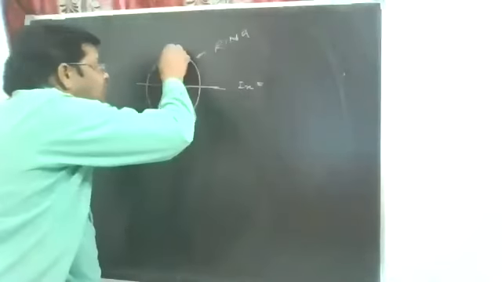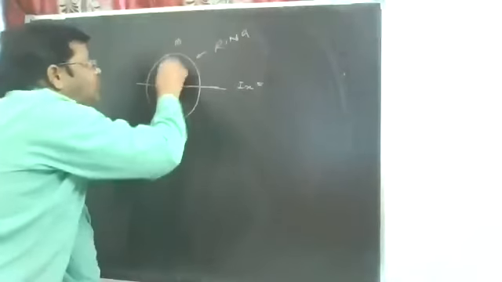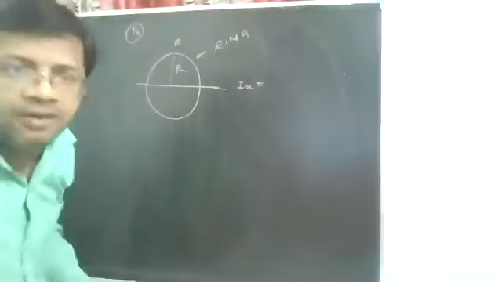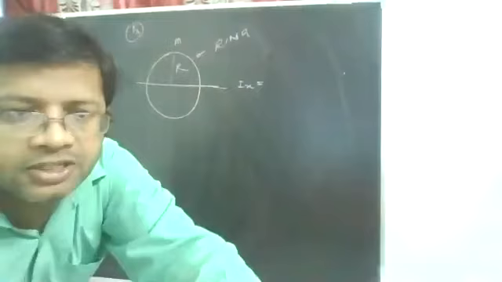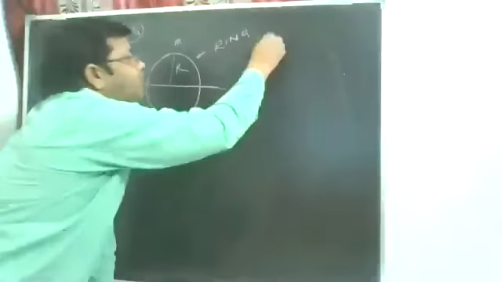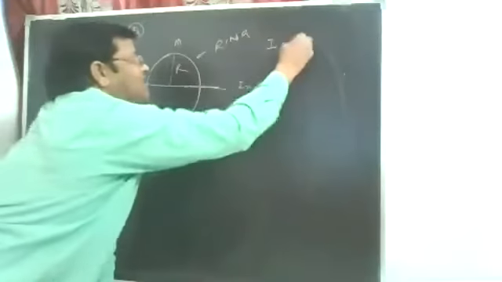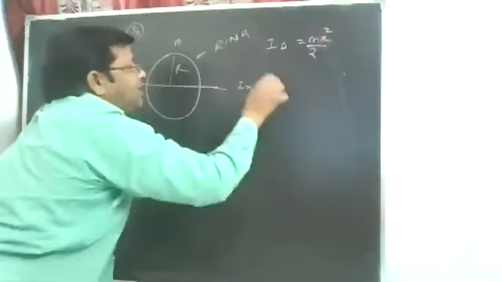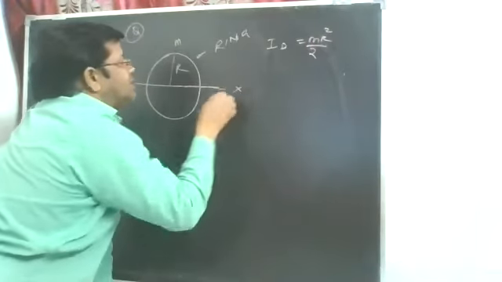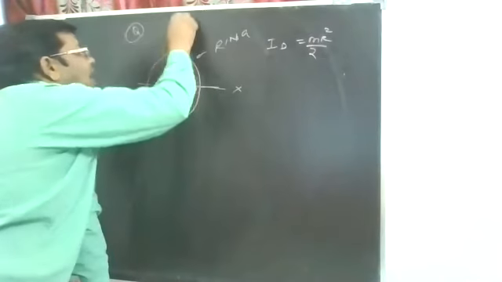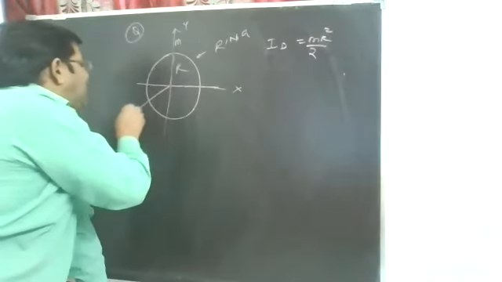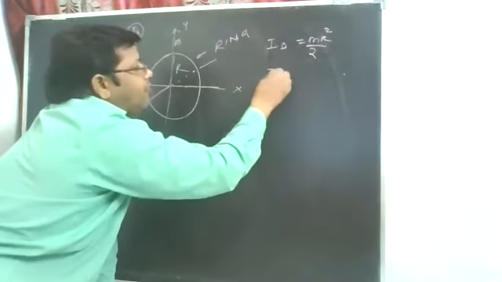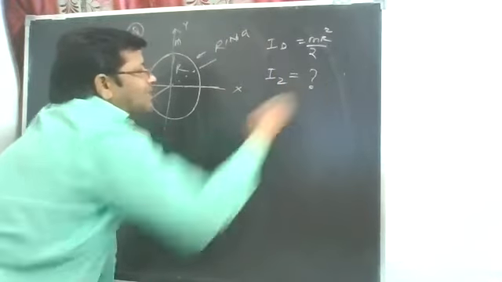What is the mass of the ring? M. And what is the radius of the ring? R. It is given that the moment of inertia of the ring about the diametric axis is m r square by 2. This is the x-axis, this is the y-axis, and perpendicular to the plane is the z-axis. Determine the moment of inertia of the body about the z-axis.